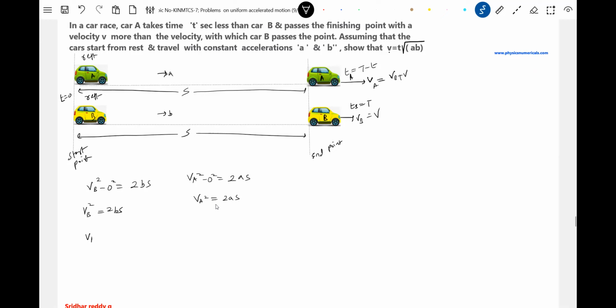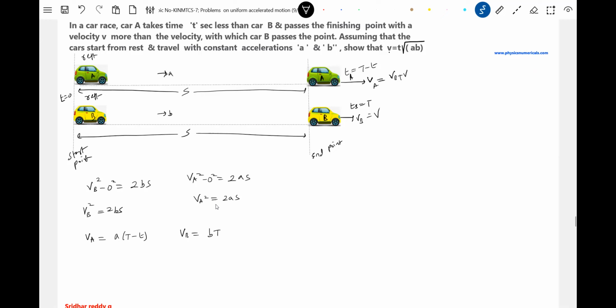Okay, then one more thing. VA, you can write as A into T minus T. VB, what you can write? B into T. Capital T is also unknown.